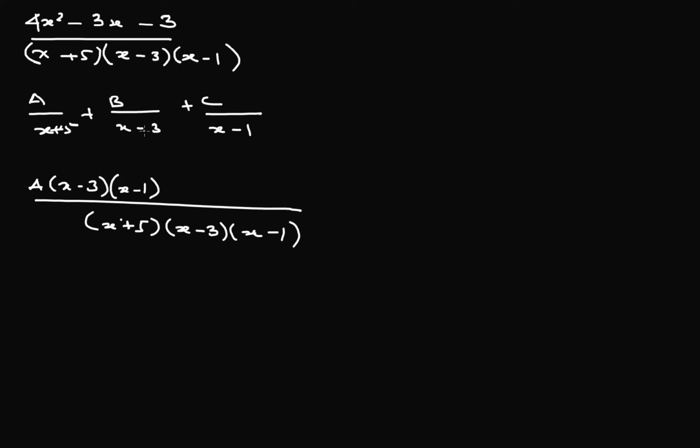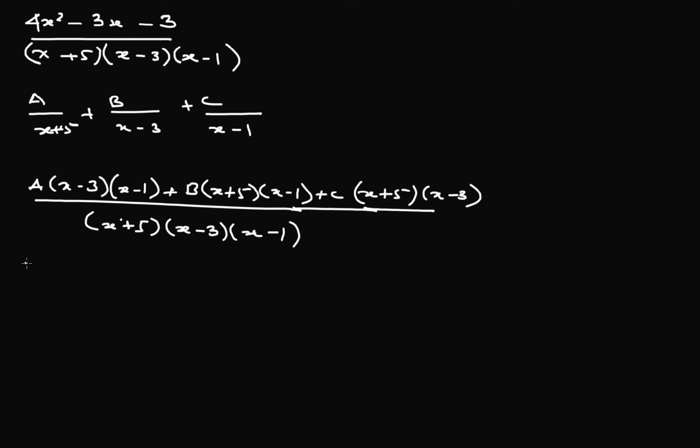Then now we come in the middle, we'll remove this, and then these are the factors that will multiply with B. Okay, so we'll have x plus 5, and then x minus 1. Then we'll have plus C. x minus 1 is the one that we'll miss, so we'll have x plus 5, and then x minus 3.